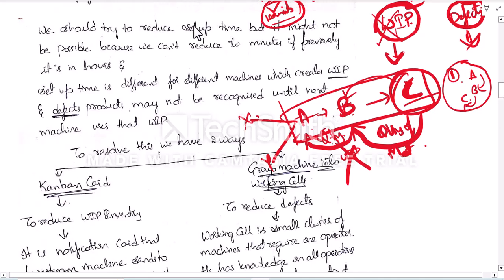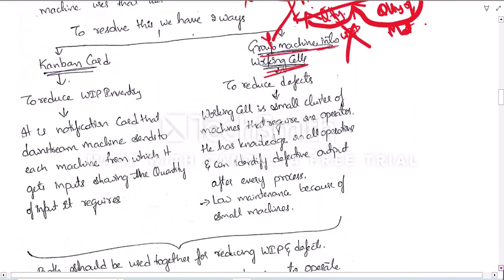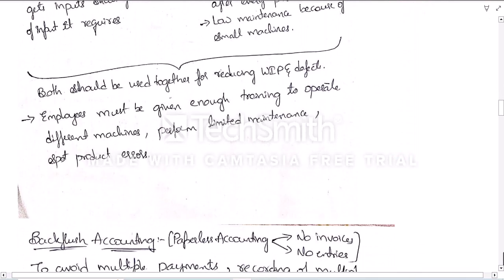If the quality is not matched, then he will eliminate it at that stage only, not going into the next stage. So with this we can eliminate the defects also by grouping the machines into working cells. So by using both methods, Kanban card and grouping the machines, we can reduce the work in progress and defects.